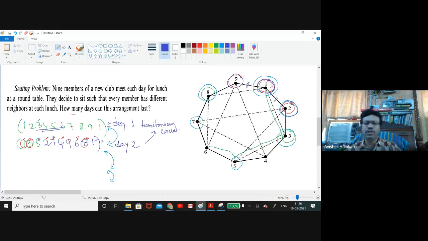Will that be sufficient for you? Suppose by some means you get two Hamiltonian circuits in which these two edges are common in both. Will that be fine for you to count?